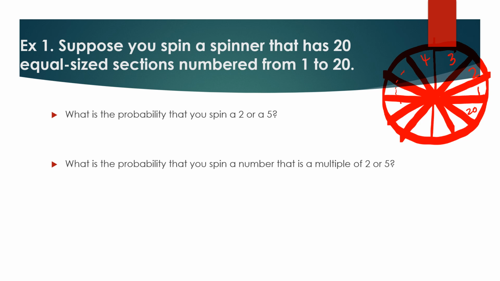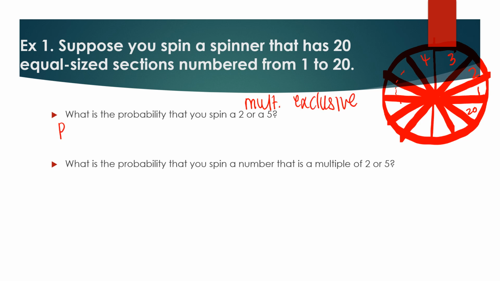I obviously need more spaces there, but you kind of get the idea. So we have to determine if this is mutually exclusive or an overlapping event. What is the probability that you spin a 2 or a 5? Can we spin a 2 and a 5 at the same time? No. So therefore it is mutually exclusive.